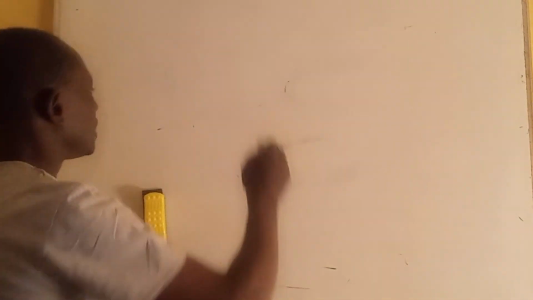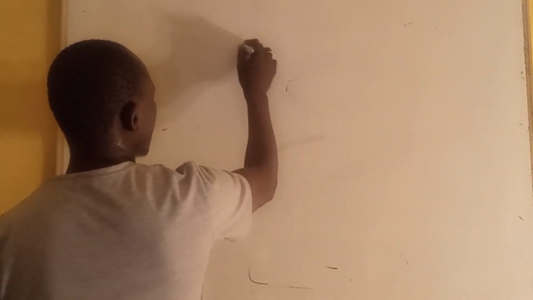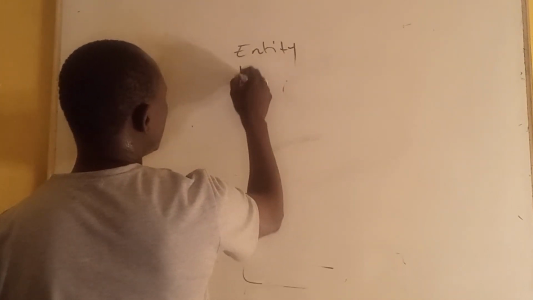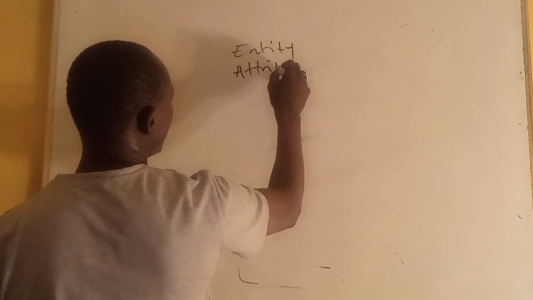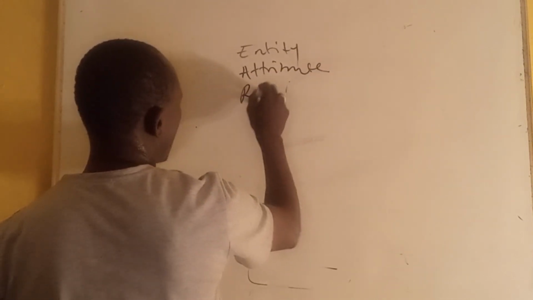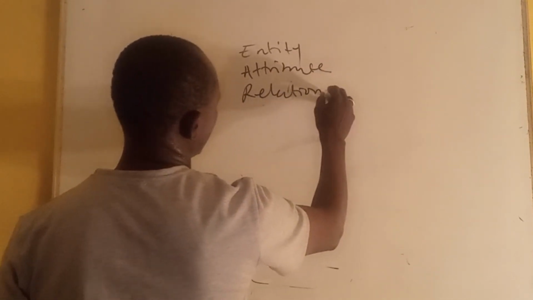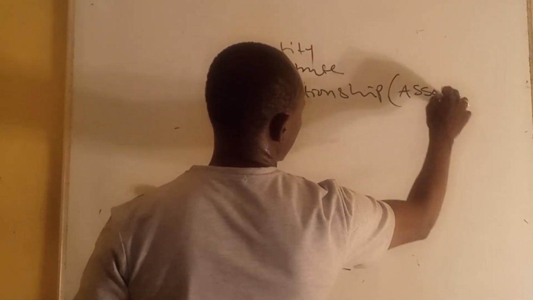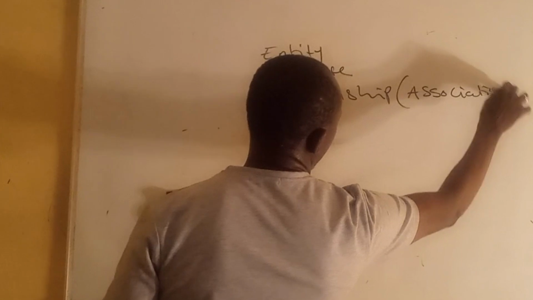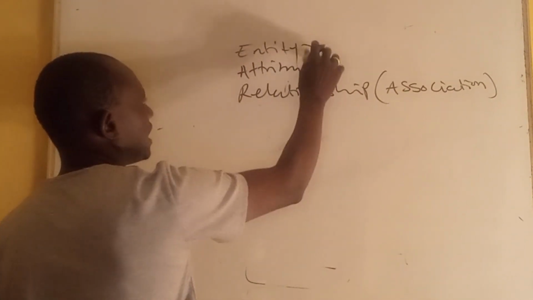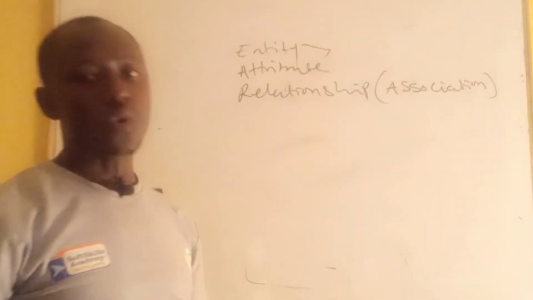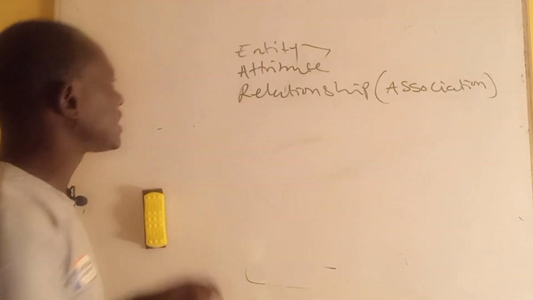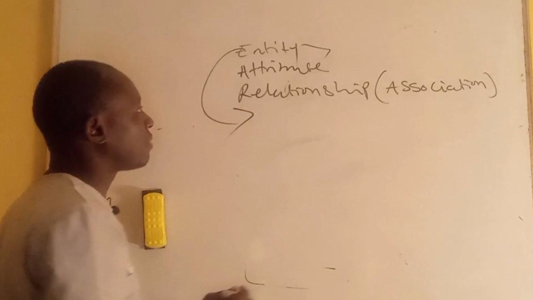So we talk about the entity types or the entity itself, the attributes, and the relationship or association between these entities.